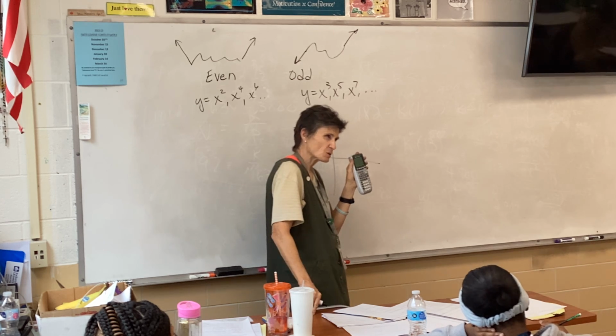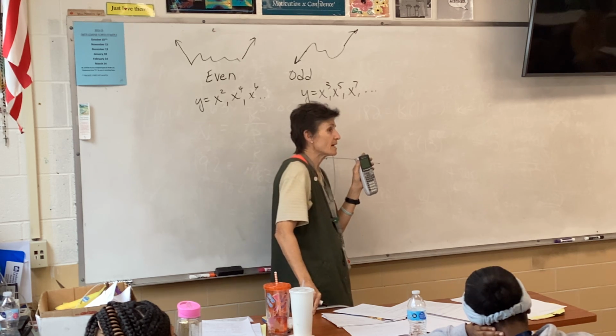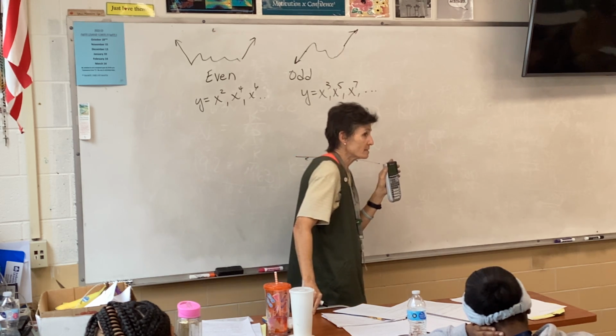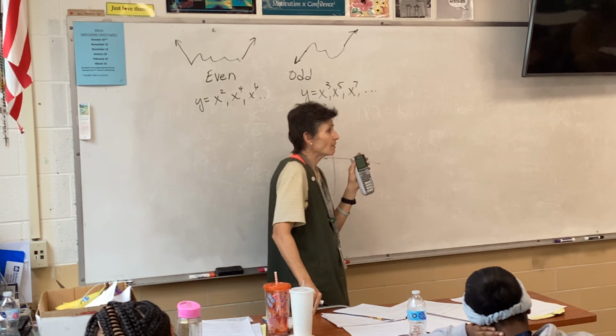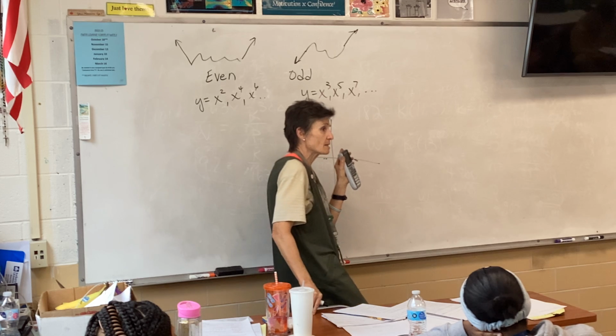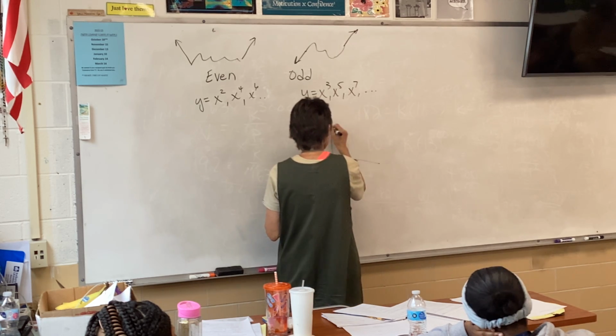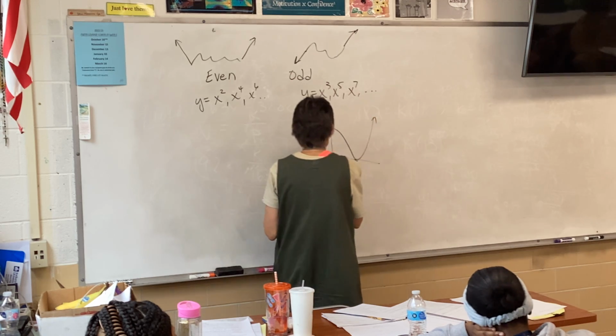What's different about this one? Well, it crosses the x-axis twice, and how does it behave at that second place it crosses? What does it do? It bounces. So this one looks like this.